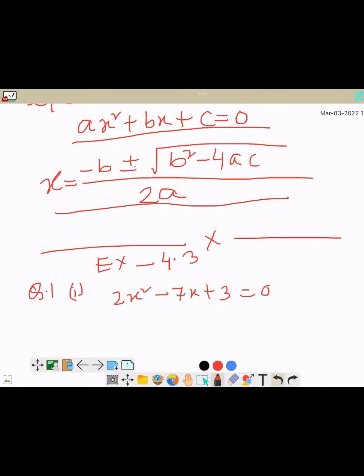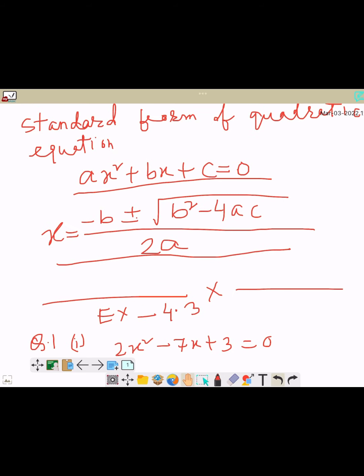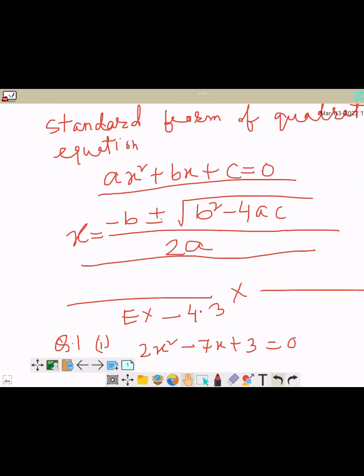It is in the same format as the standard quadratic equation. There are 3 terms, there is an equal sign, and there is 0. So we can simply compare with the standard quadratic equation.